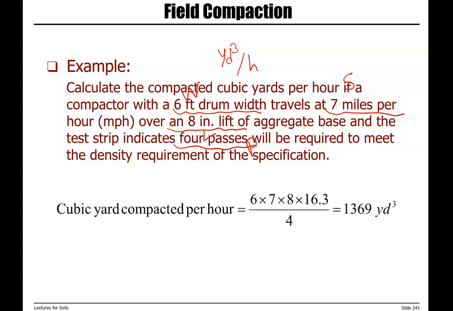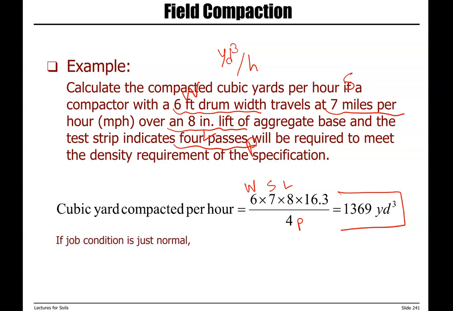Plug in the numbers in the formula that we have: width, speed, thickness of lift, and number of passes, and we have 1,369 cubic yard compacted per hour.